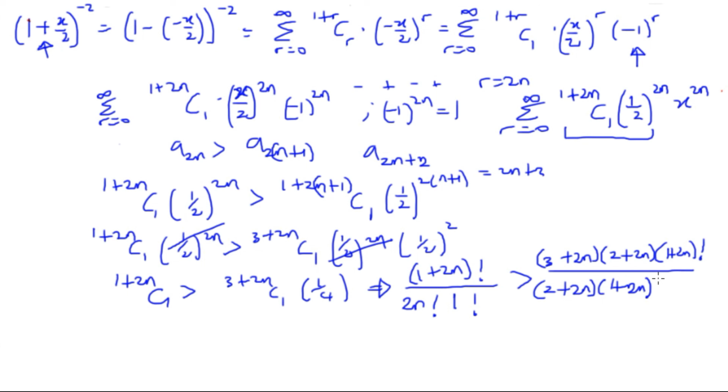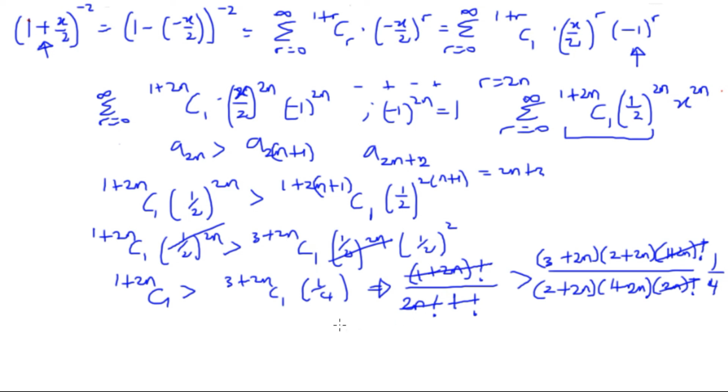And again the next one will be 2n factorial. So I have 1 over 16 right here, 1 over 4. So 2n will cancel out with 2n. 1 factorial is 1, so 1 plus 2n factorial will cancel out with this.